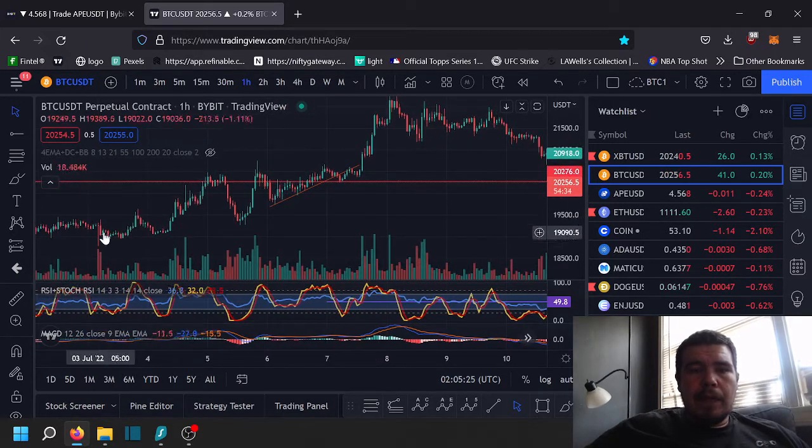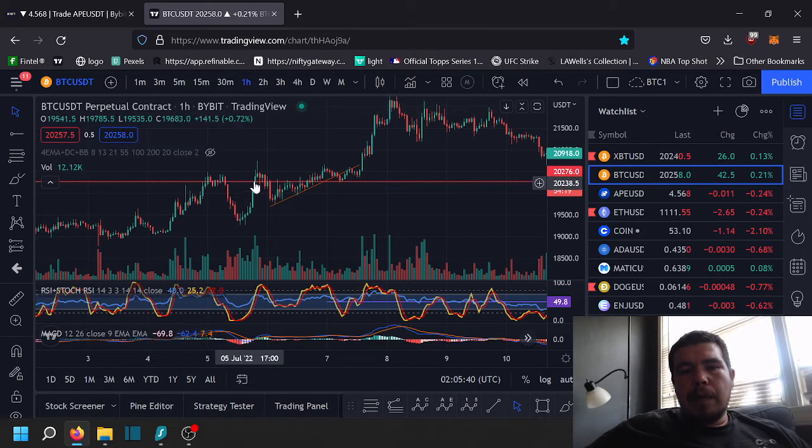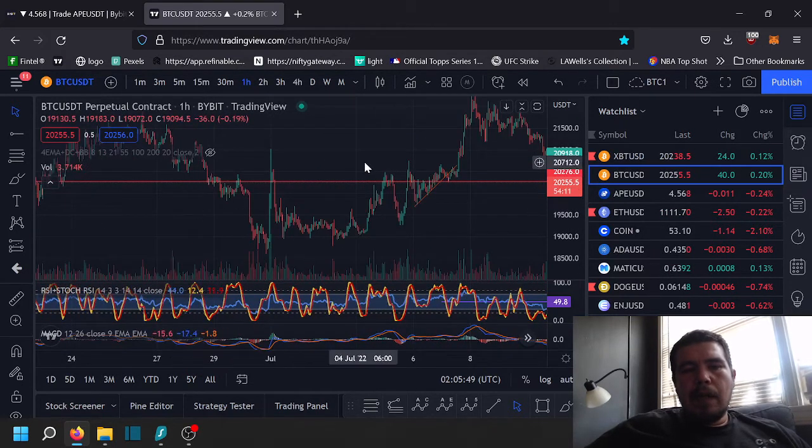Because before, you could see here, when we rose back up, we hit it and we came back down, we hit it again and we came back down all the way down to 19.2, 19.3, right? And then we wicked back up, we made a little higher high, and then we came back down. So we could tell that this is a clear support or resistance line at the time, right?